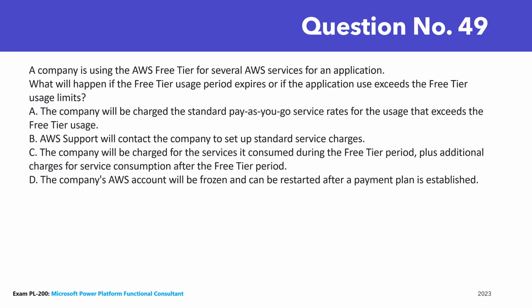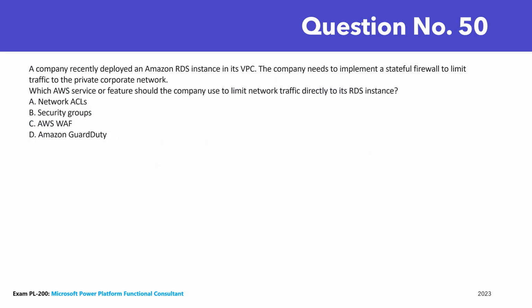C. The company will be charged for the services it consumed during the free tier period, plus additional charges for service consumption after the free tier period. D. The company's AWS account will be frozen and can be restarted after a payment plan is established. Correct answer, A.